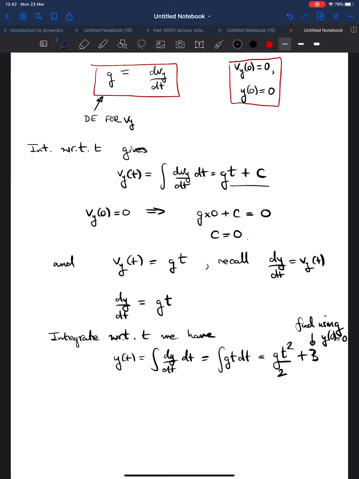And of course, what does it give us? Well, we know that y of 0 is 0, but simultaneously we've calculated that y of t is gt squared over 2, so that's g times 0 squared over 2 plus b, and this just tells us b is 0. Great. So y of t is in fact gt squared over 2. Good.